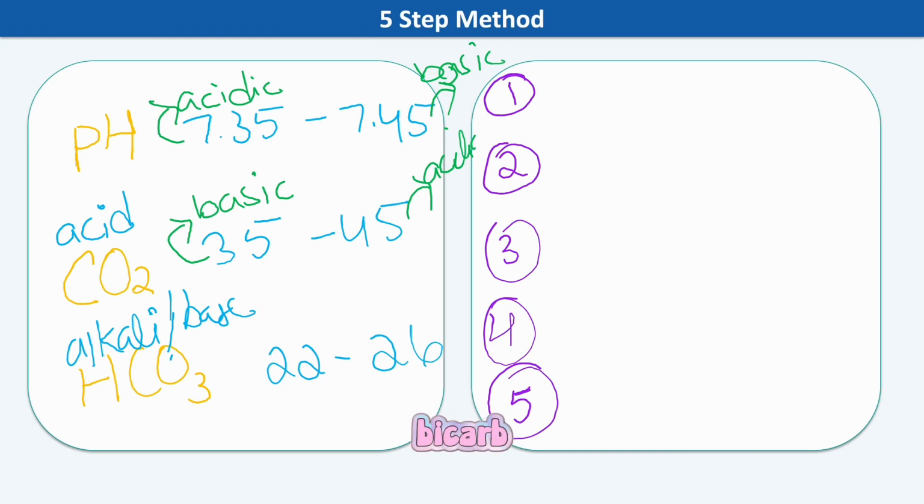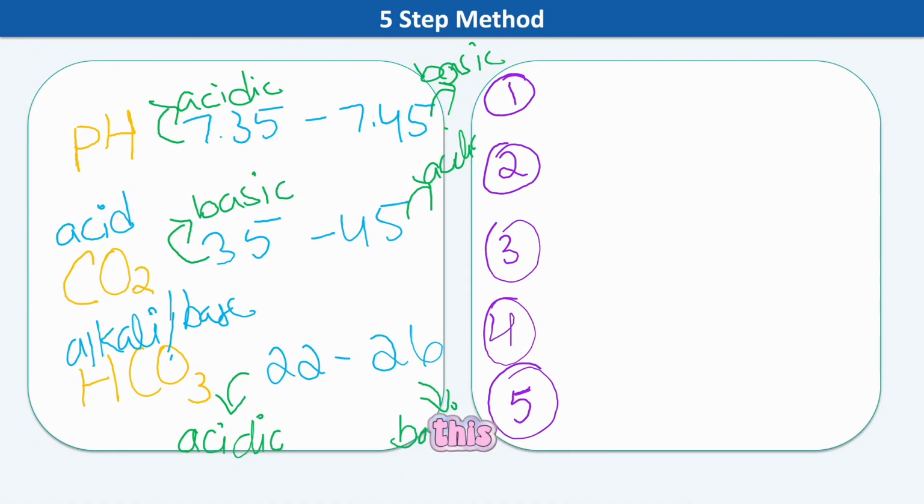If our bicarb level goes down, the blood turns acidic, and if our bicarb level goes up, the blood becomes basic. I want you to see a pattern. If you want to pause it and draw it out or write it out, feel free to do so. It will help, but don't start panicking.